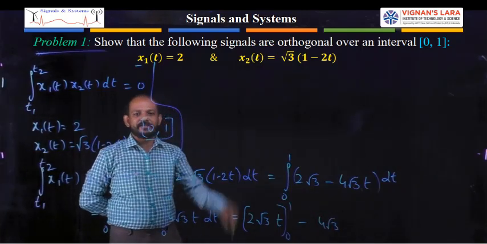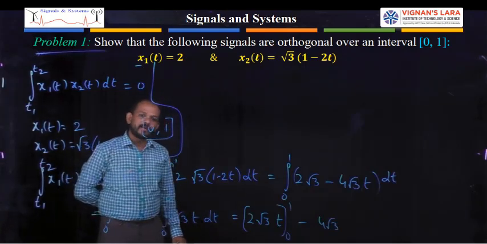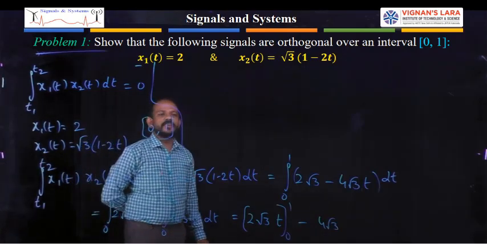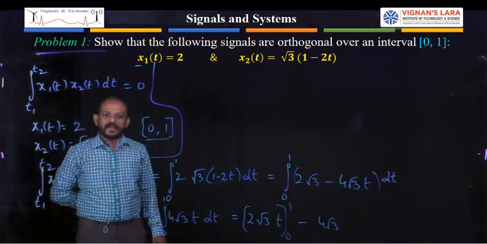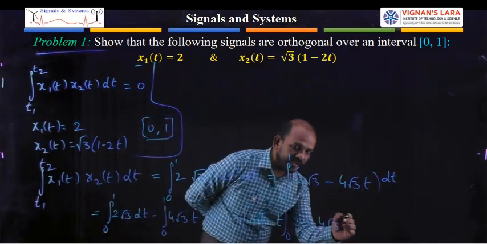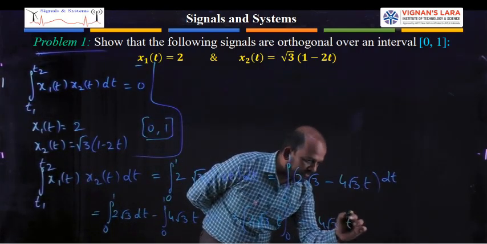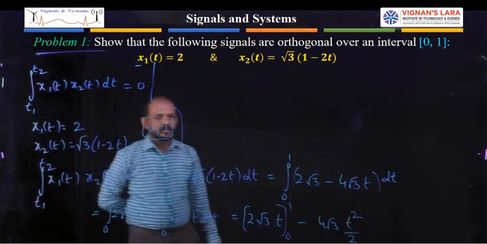The integral of t dt is t square by 2. The integral of x to the power of n is x to the power of n plus 1 by n plus 1. What do we do?